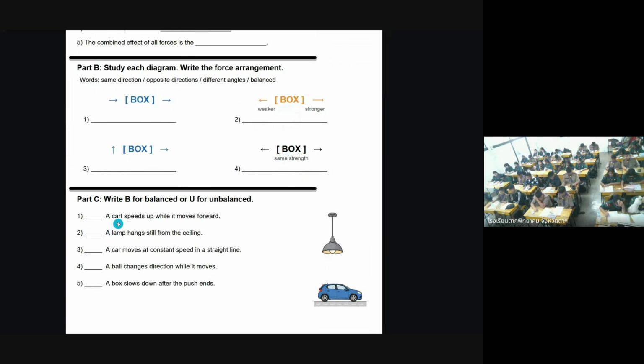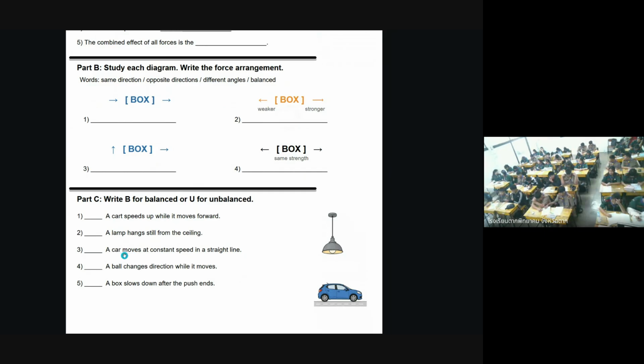Now, if a cart is speeding up while it moves, is it balanced or unbalanced? Unbalanced. If a lamp hangs still from the ceiling, balanced.